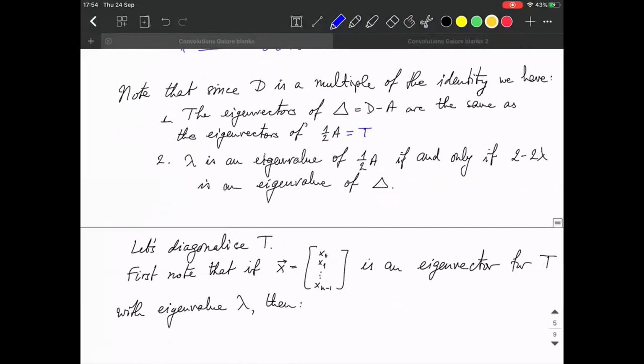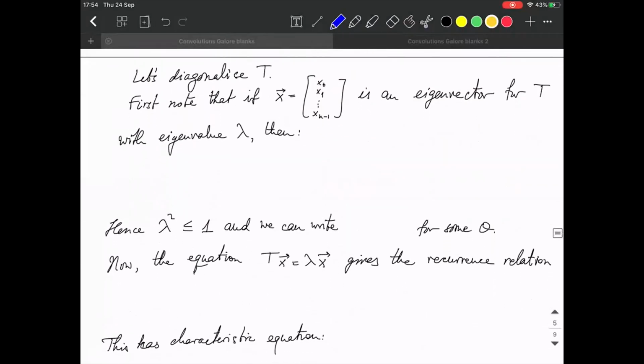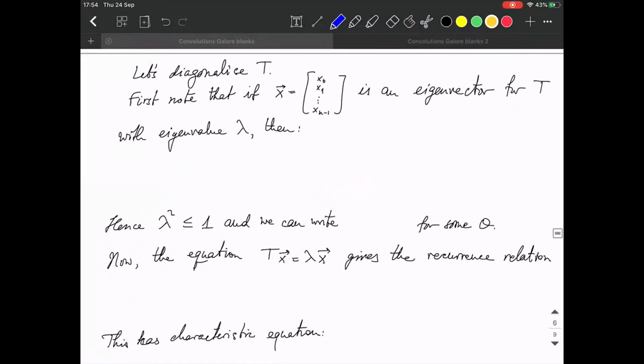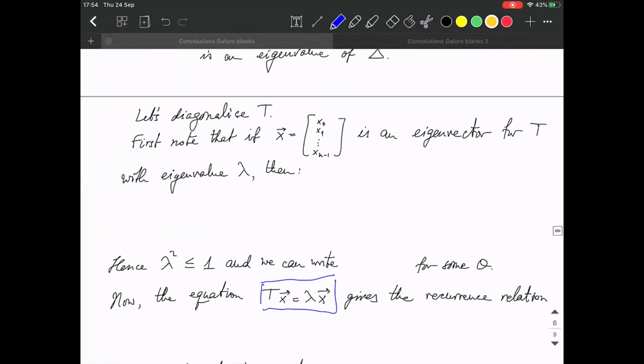So start by writing the eigenvector-eigenvalue equation. But before we do that, let's suppose that x is an eigenvector of T, and consider the following situation. Consider lambda squared times the sum of x_j squared. We just take the norm of x_j multiplied by lambda squared.